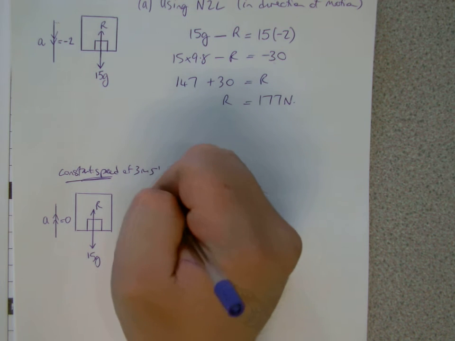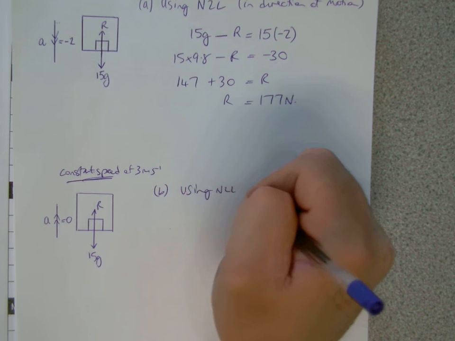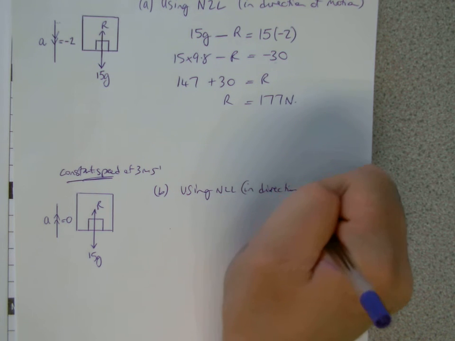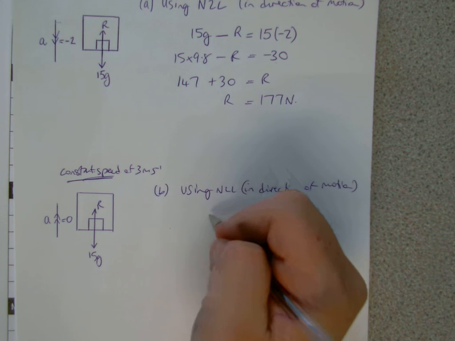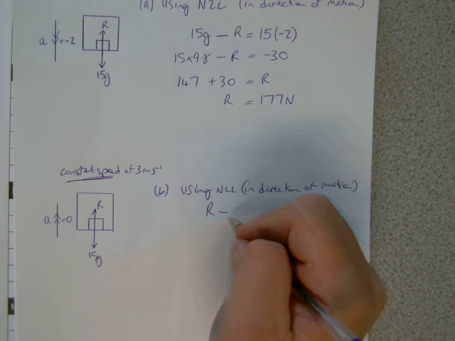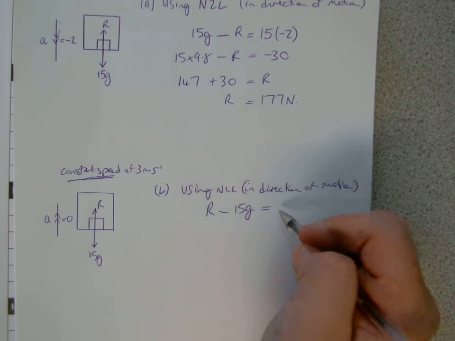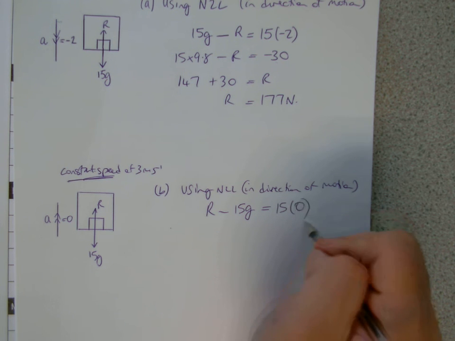So again, using Newton's second law, in the direction of motion, it's going up. The forward force will be R. Take away then the 15g, which is going the opposite way, opposing motion. That will equal then mass, which is 15, times the acceleration. Of course, the acceleration is 0, isn't it?